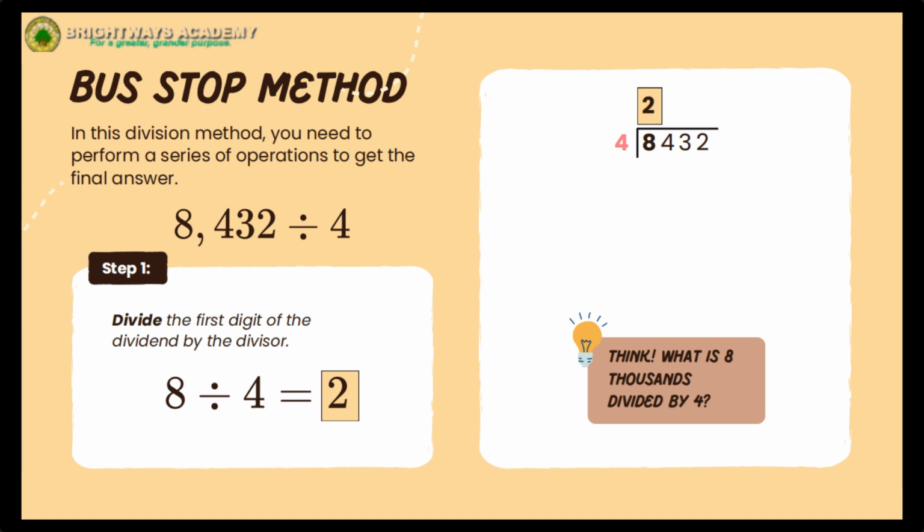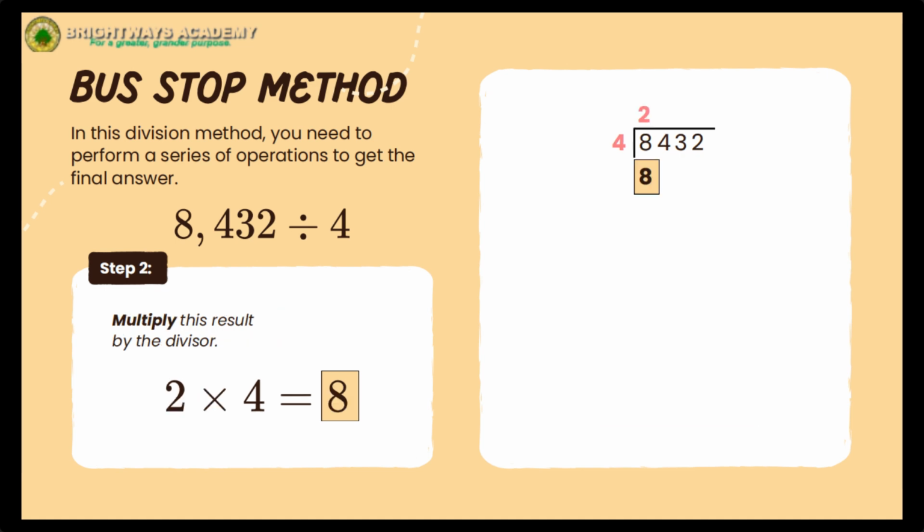After dividing the first digit of the dividend, multiply the quotient by the divisor. So, 2 multiplied by 4 is equal to 8. Then write it at the bottom of the first digit.